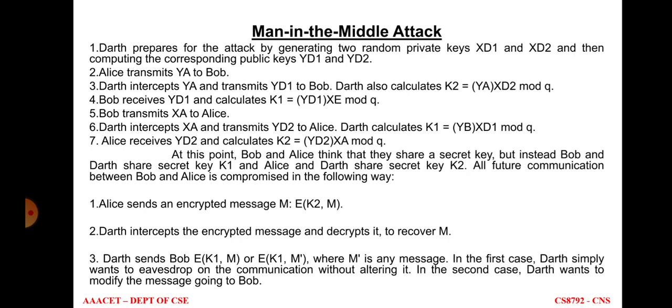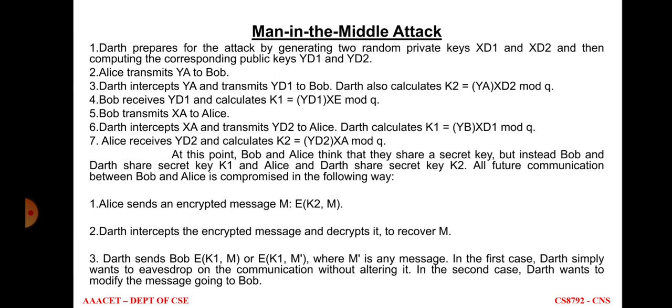Have to remember: Alice transmits ya to Bob, but the third party Darth intercepts ya and transmits another key value yd1, generated by Darth, to Bob. Darth also calculates the key value k2 by using the ya value of Alice, right?